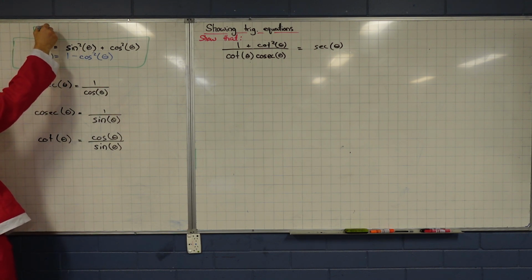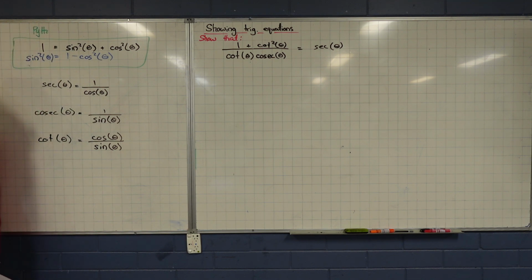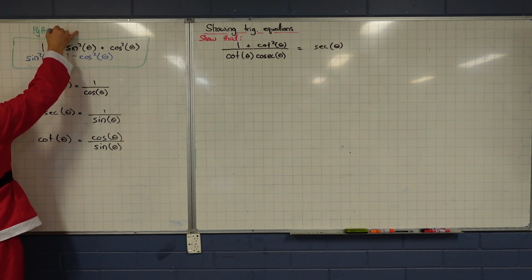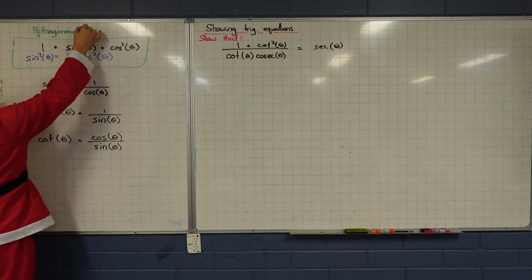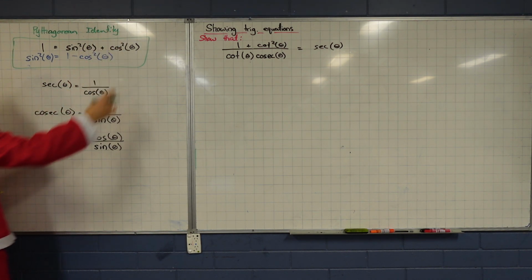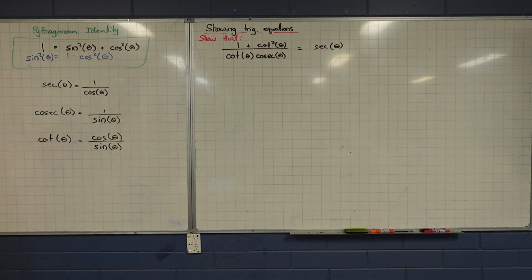Remember we proved it in the trig topic from Stage 1. The Pythagorean identity simply states that sine squared plus cosine squared is always equal to 1, and then you can just rearrange it.